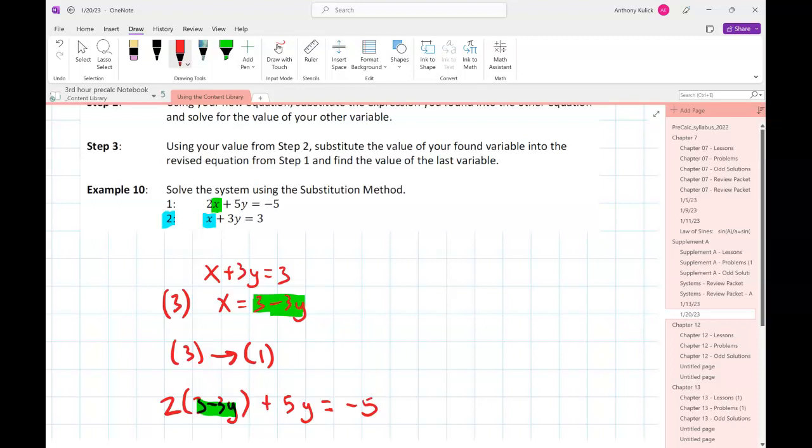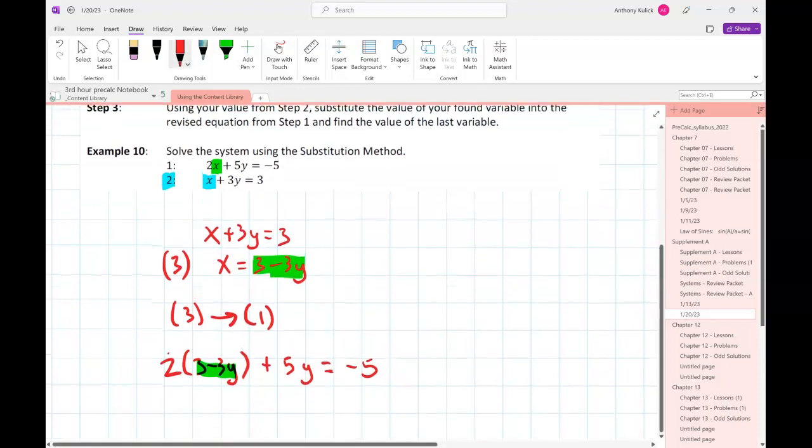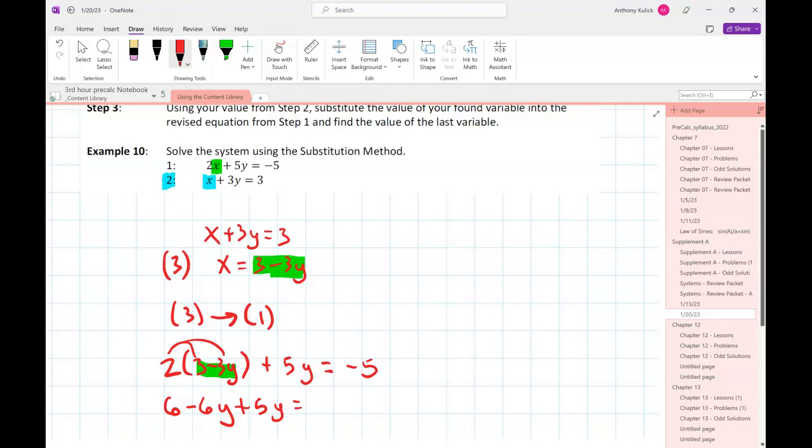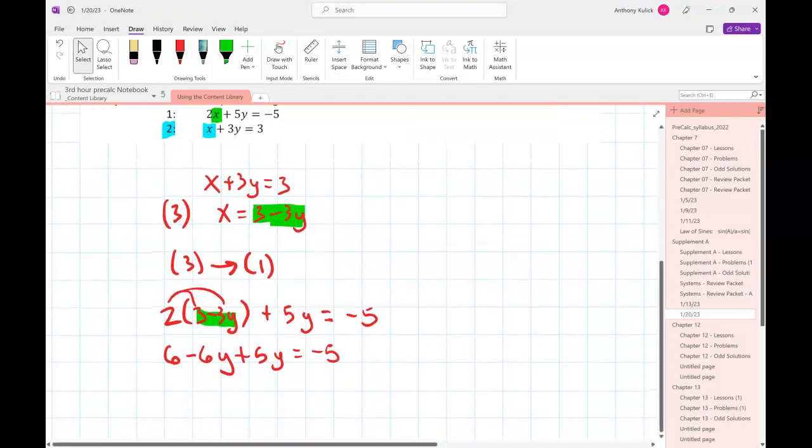Notice now the equation I'm left with has only y's in it. Excellent. This should be easy for us to deal with. I'm going to start just by distributing through the 2. I'm going to combine my like terms.